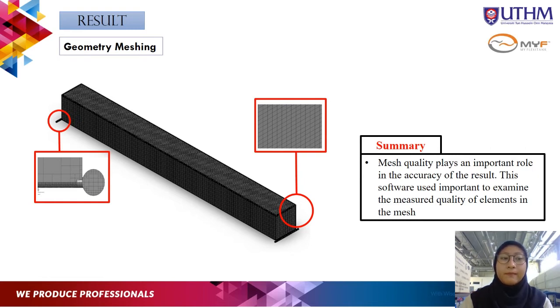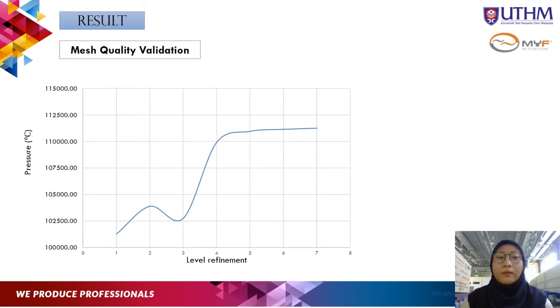Okay, next for the mesh quality validation graph. The graph of the mesh quality validation shows the different mesh as a different coverage solution to the horizontal mesh. We can see the goal value changing and converging on the new value.